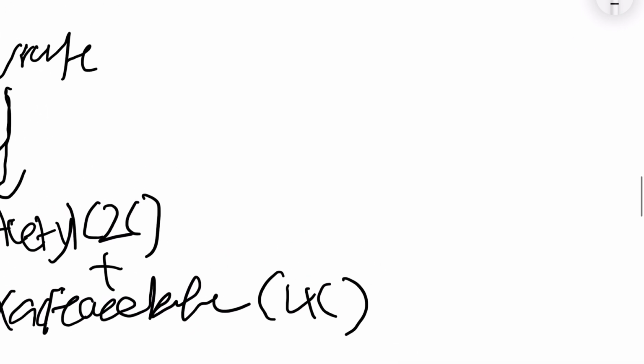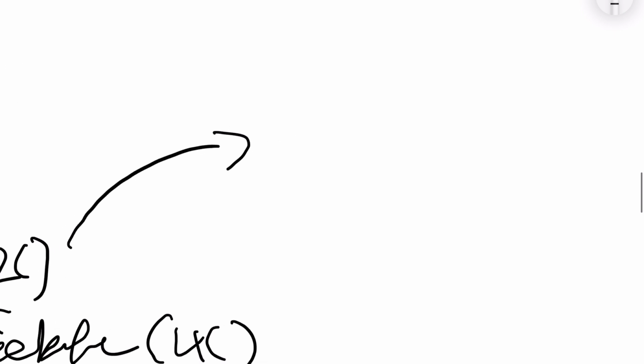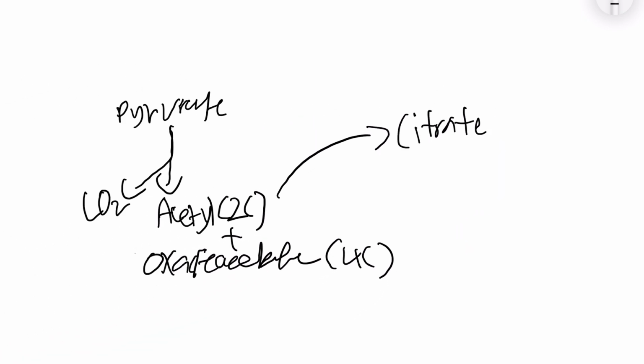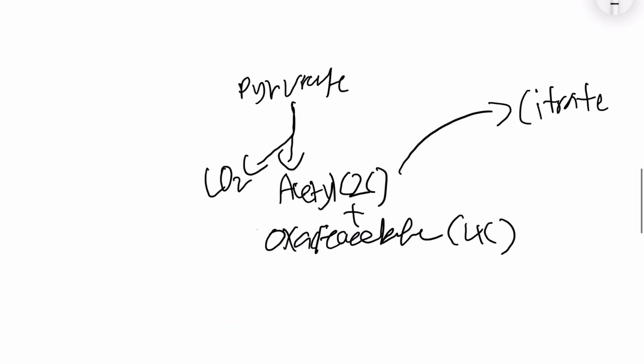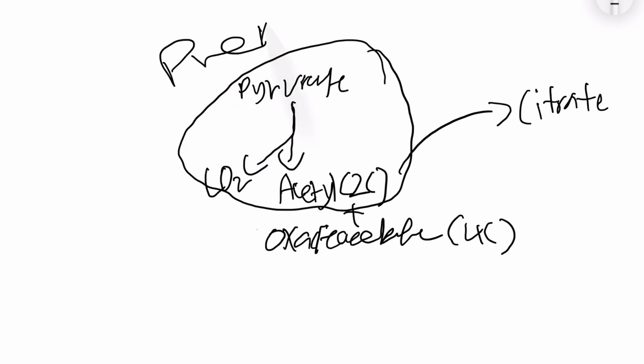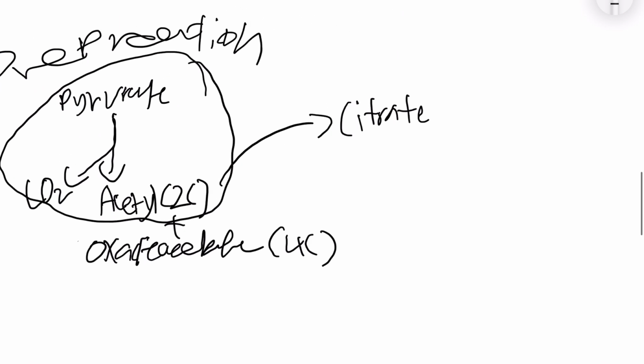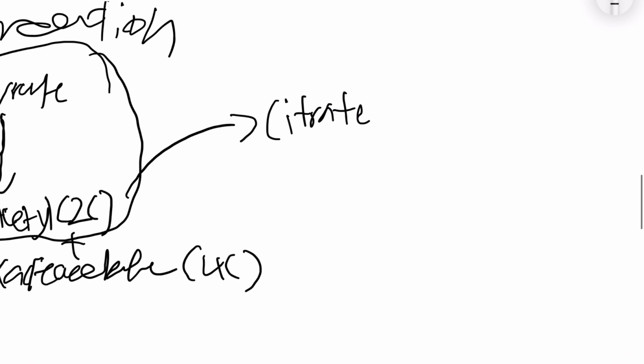Oxaloacetate is a four-carbon molecule, and when they combine, you get a six-carbon molecule called citrate, also known as citric acid. So this is where prep reaction ends. So this part is prep reaction, and past that is the citric acid cycle, and it's named that because of citrate.